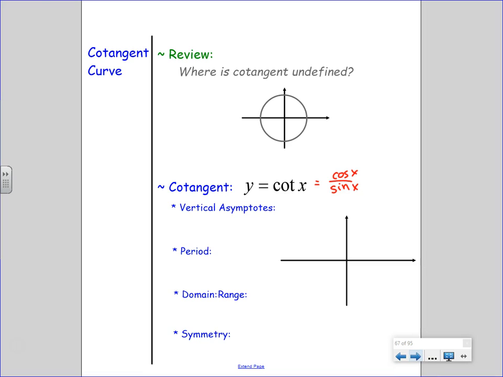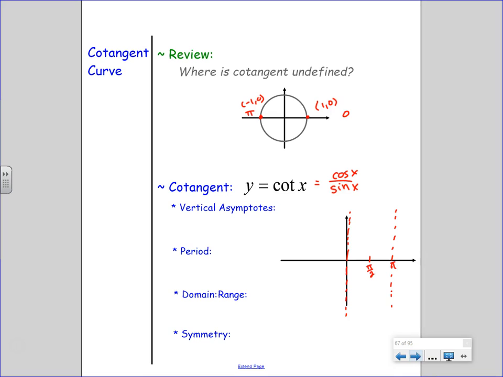So instead of having vertical asymptotes at pi over 2, he's got vertical asymptotes when sine is 0, which is going to happen at 0, and sine is also 0 at pi. So at either of these places, 0 or pi. Shouldn't he be like this then?